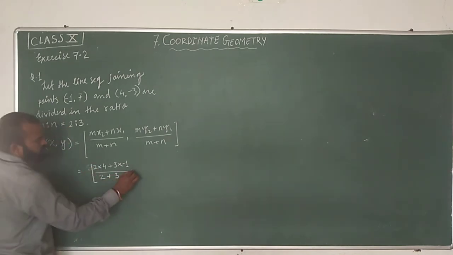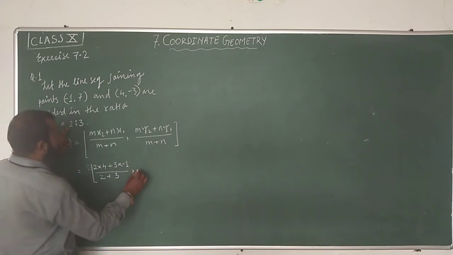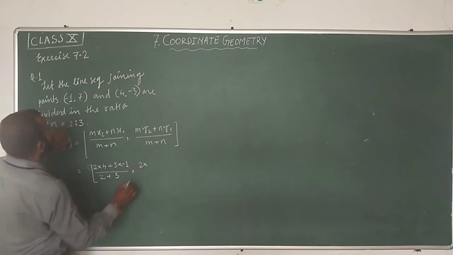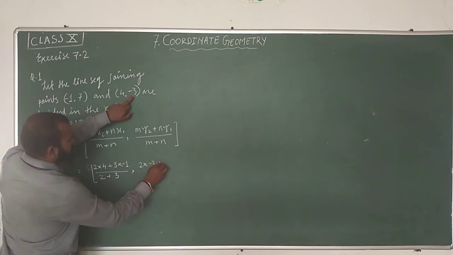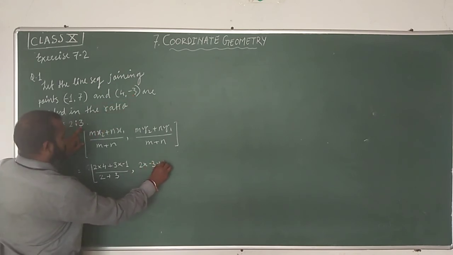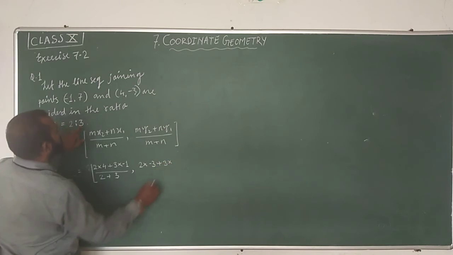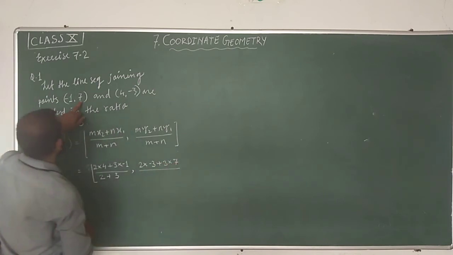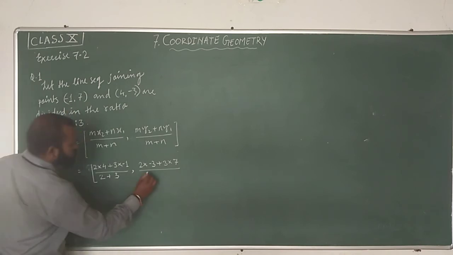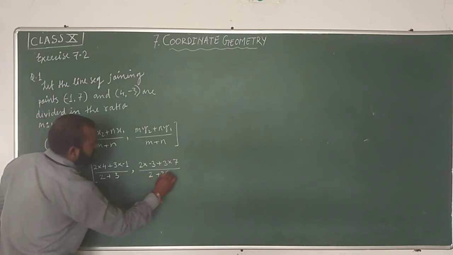Here for y, m is 2 into y2, which is -3, plus n is 3 multiplied by y1, which is 7, upon m plus n, that is 2 plus 3.